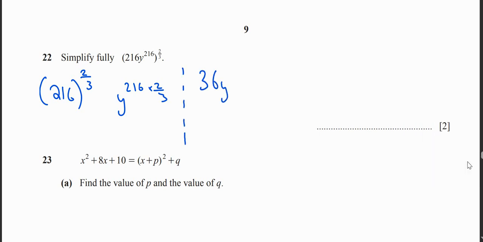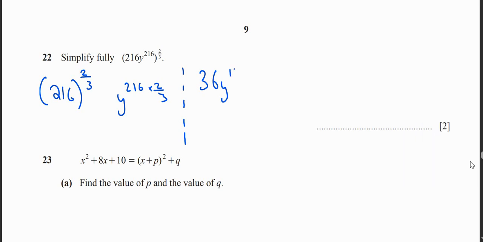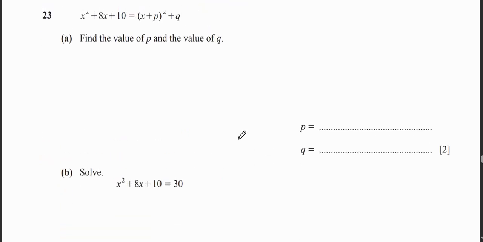Y: 216 multiplied by 2, divide the whole thing by 3, you get 144. So 36y raised to power 144. That's your answer. Now move on to question number 23.